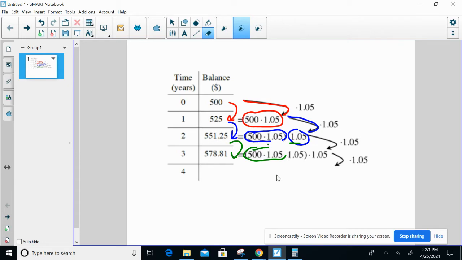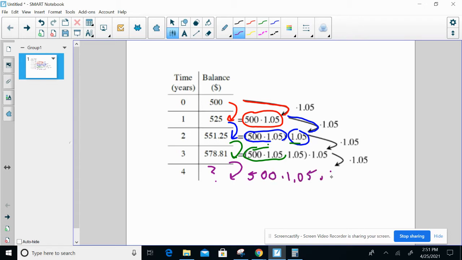So the next step, when we would go to, let me do it in one more color here. To get to this interest, you'd have our original 500 times another 1.05 times another 1.05. And how many would there be? It's 4 years, so there'd be 4 1.05s. 1, 2, 3, 4.